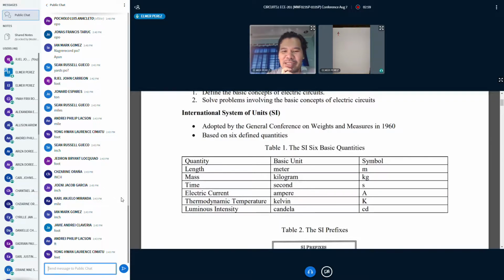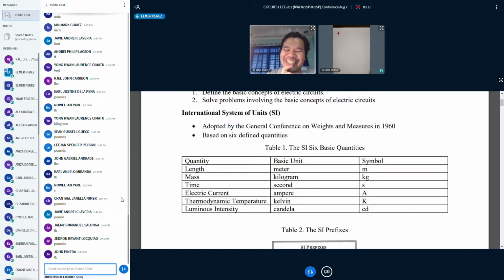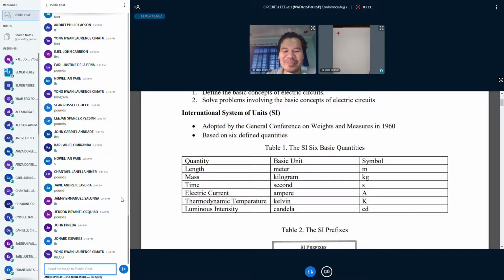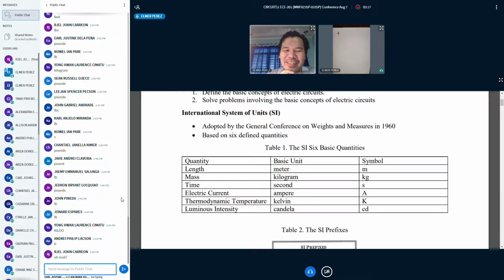Okay, how about mass? So what is the English unit for mass? Kilo is a prefix.